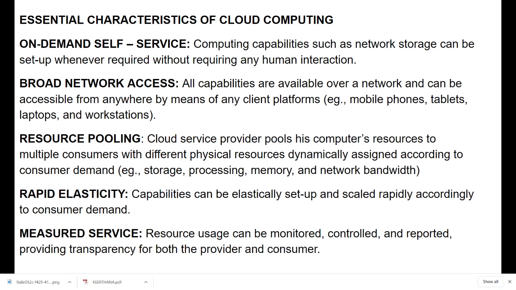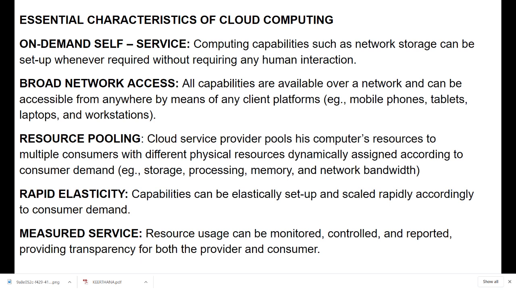The next important characteristic is measured service. For example, when the passenger travels by train, he or she only pays for the distance travelled and not for the entire journey. For example, from Chennai to Mumbai there are so many stations in between, and the passenger will pay only according to that.